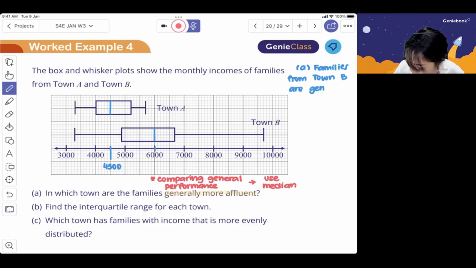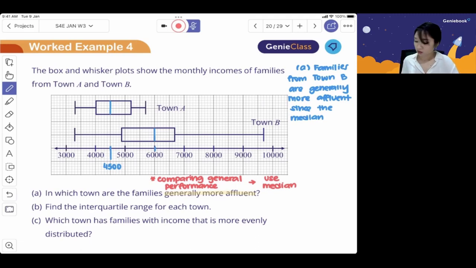Because town B is more affluent since the median. You must state the mode of measure. What are you using as your comparison? You are using the median.